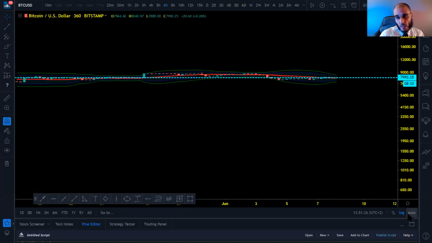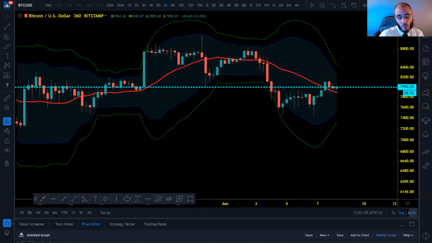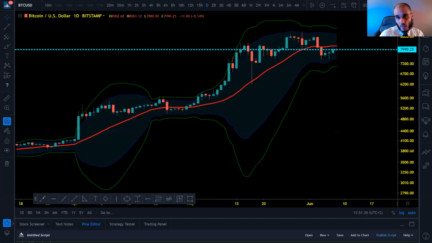Let's see if it's still negative or not. No, it went positive. And 1 day was negative yesterday. Let's see if it's positive today. No, it's still negative. So I'm sorry. You have 5 positive and 1 negative. 1 day is negative, according to Bollinger Band.